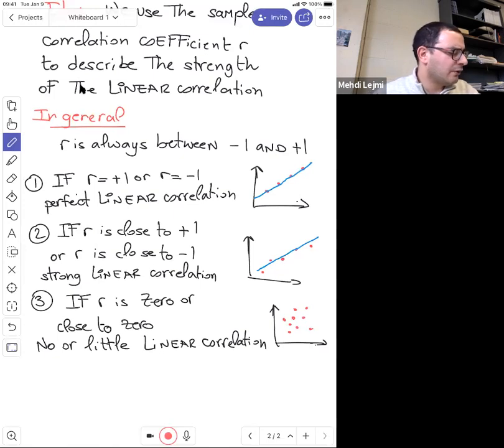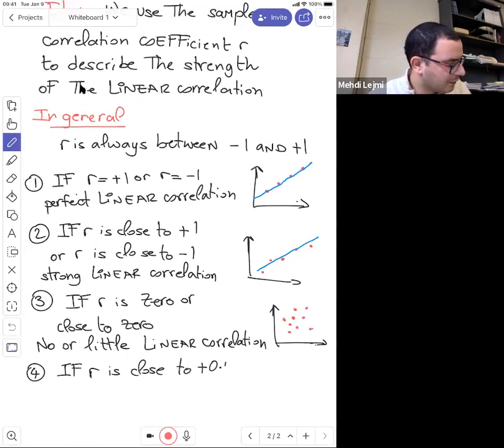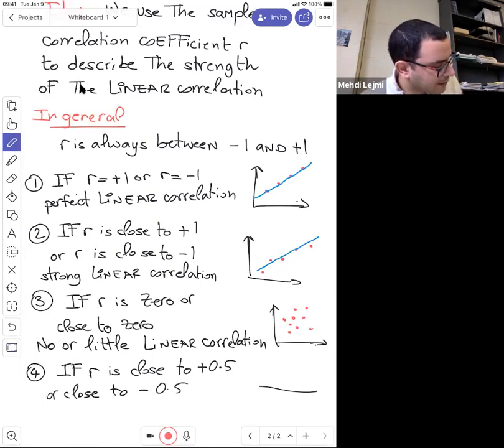And if your R is close to positive 0.5 or close to negative 0.5, then we have something which is not a strong linear correlation, and not a low linear correlation either.